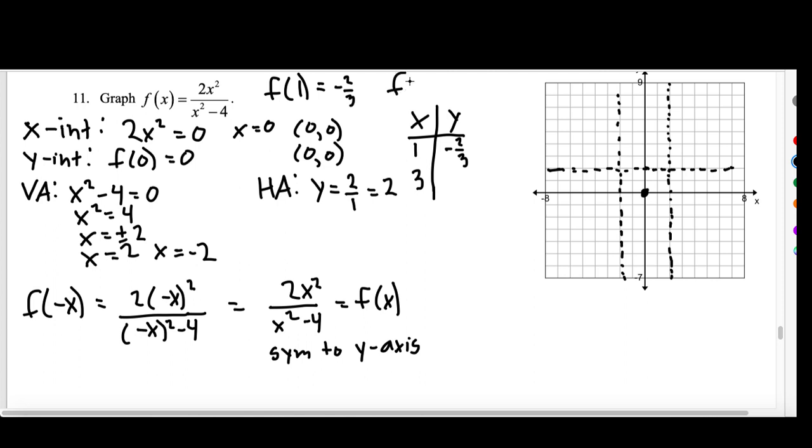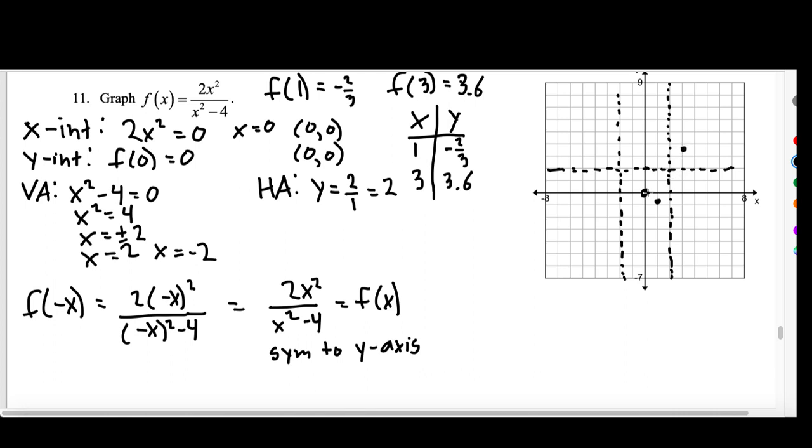Similarly, if you evaluate f of 3, you get 3.6. Okay, so two other points, right? When x equals 1, y equals negative 2/3. That's about there. When x equals 3, y equals 3.6. 1, 2, 3.6 is about there.